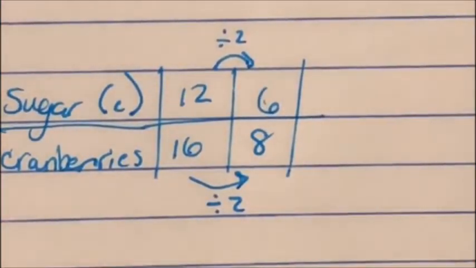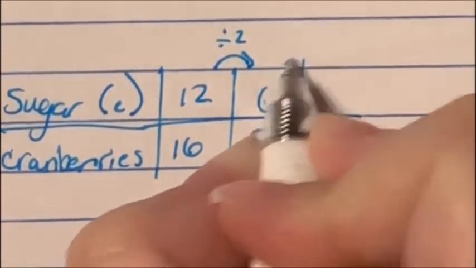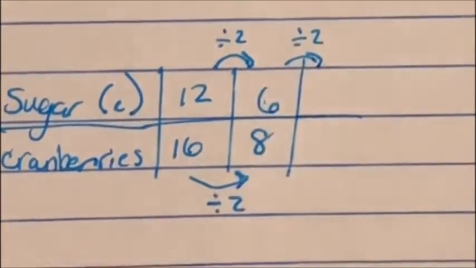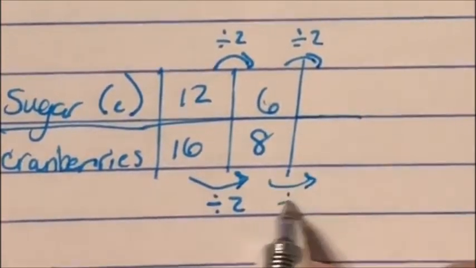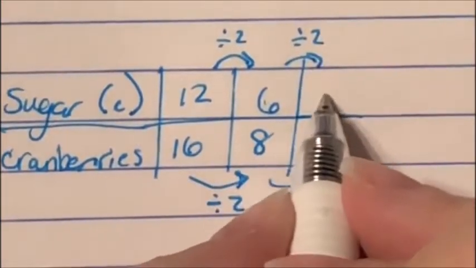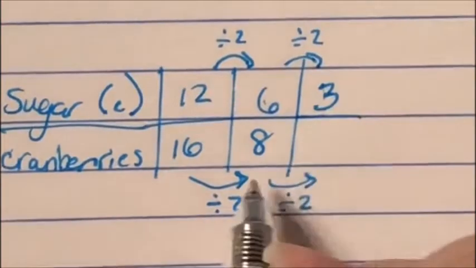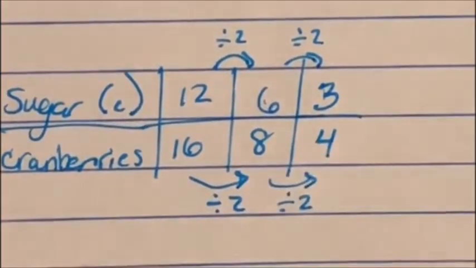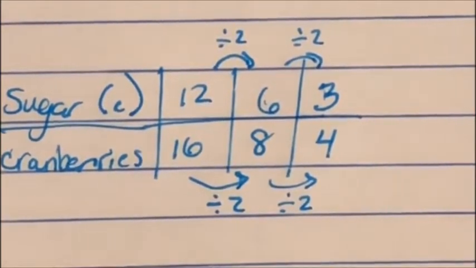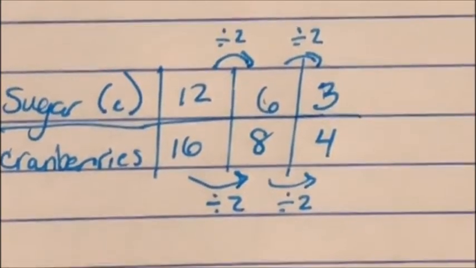But I want to get to 4, okay? Well, I can divide 6 and 8 again by 2. Divide by 2. Divide by 2. 6 divided by 2 gives me 3. 8 divided by 2 gives me 4. So my answer for B, for 4 cups of cranberries, I will need 3 cups of sugar.